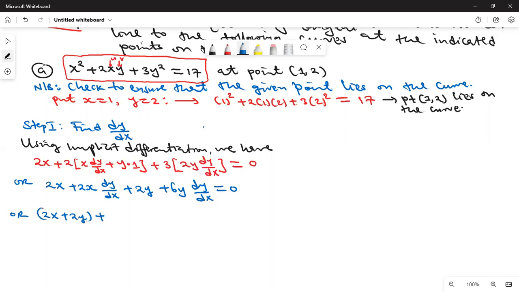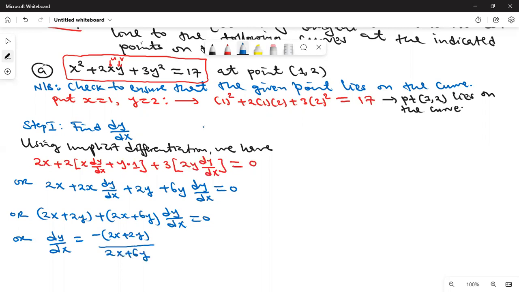Then the coefficients of dy/dx will have 2x plus 6y dy/dx. They should give us 0. Or make dy/dx the subject. So we'll have dy/dx is equal to negative 2x plus 2y, everything over 2x plus 6y.